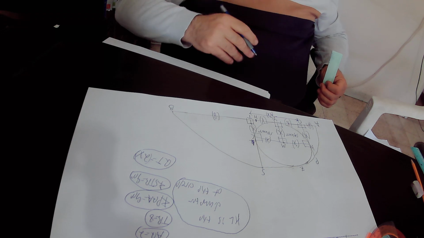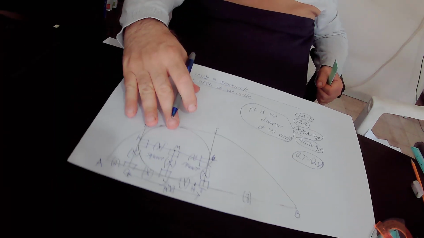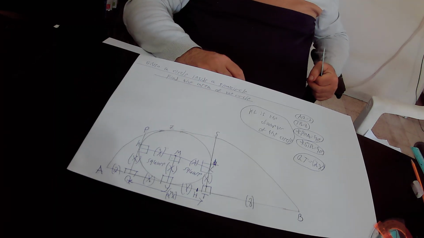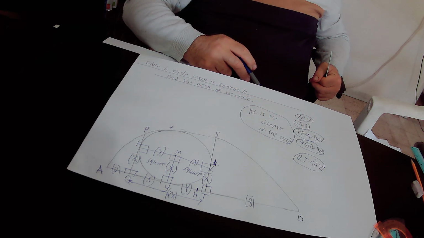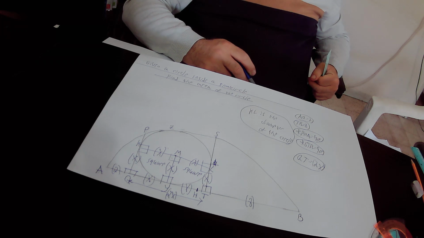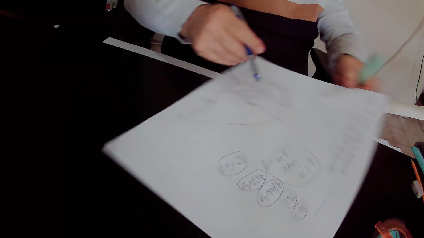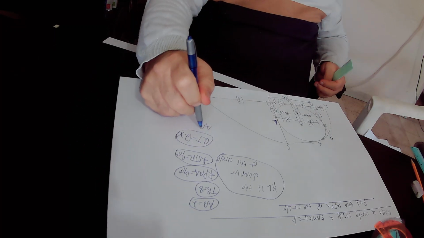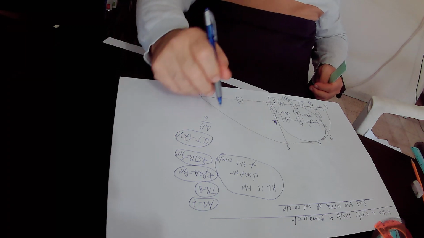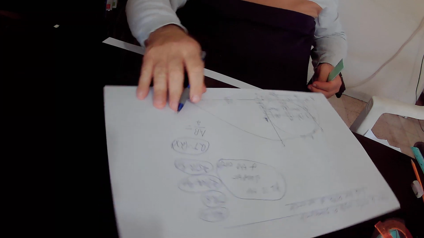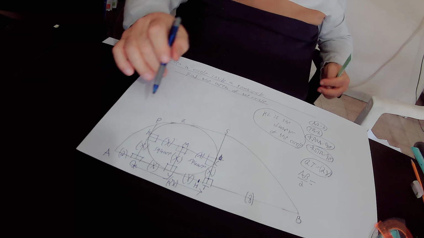So what is the radius of the semicircle? AB is the diameter of the semicircle, therefore the diameter over 2 is the radius of the semicircle. So what is the value of AB over 2?